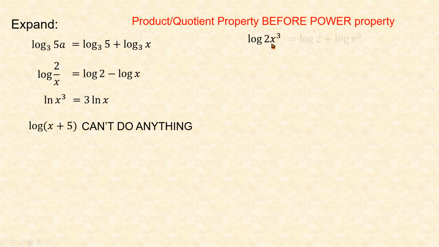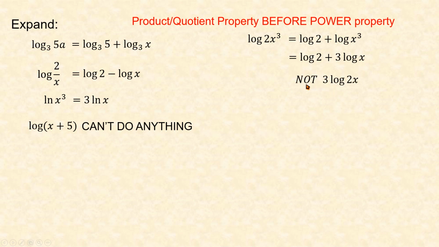I split this out into log 2 plus log x cubed. And here, log 2 is basically done, right? But log x cubed, I can still use the power property, bring the 3 to the front. So I have log 2 plus 3 times log x. Okay, again, product and quotient property first before power property.